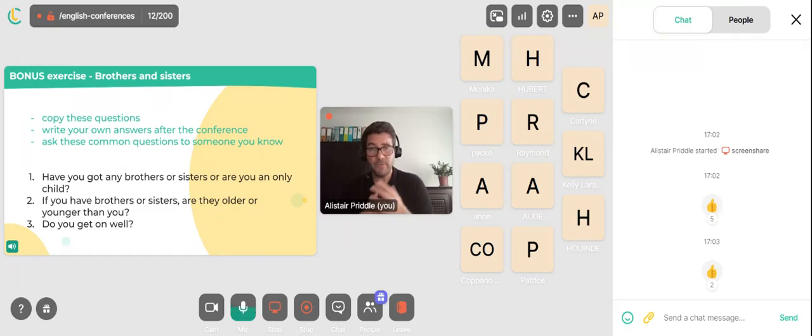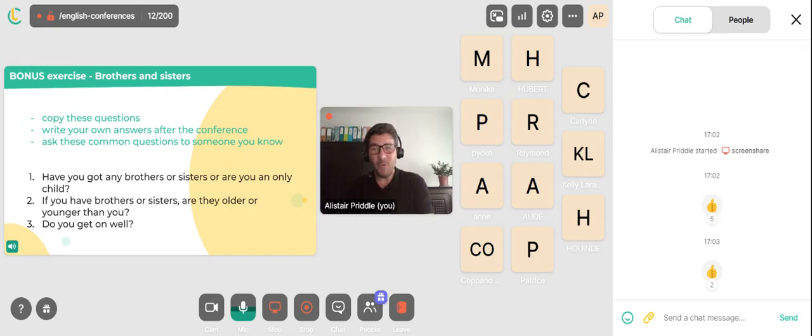First of all, you can copy them down, use them to answer yourselves, but then perhaps you can practice and ask someone else. Number 1, have you got any brothers or sisters, or are you an only child? If you have brothers or sisters, are they older or younger than you? And the last one, do you get on well?